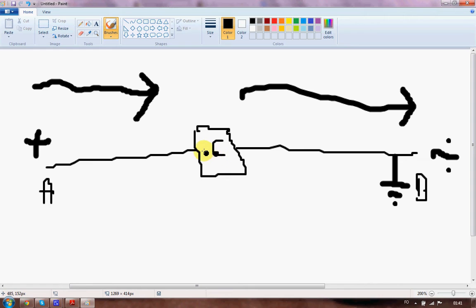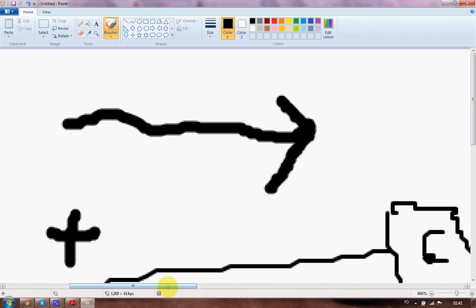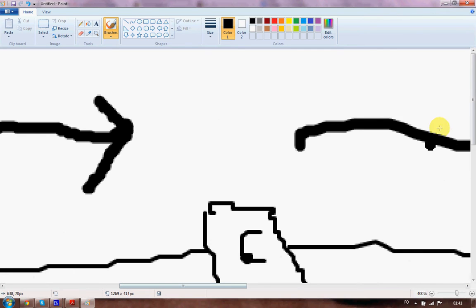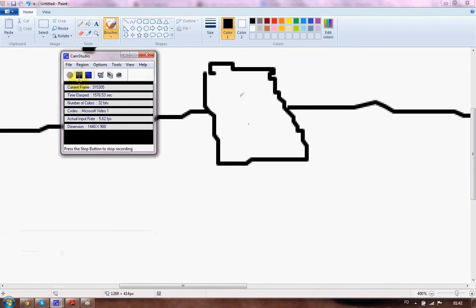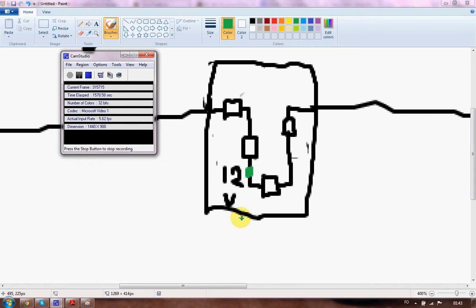Now if we take a closer look at the circuit here, let's just zoom in on it. This is just a closer look, and for the sake of simplicity I made the whole circuit of only 4 resistors.